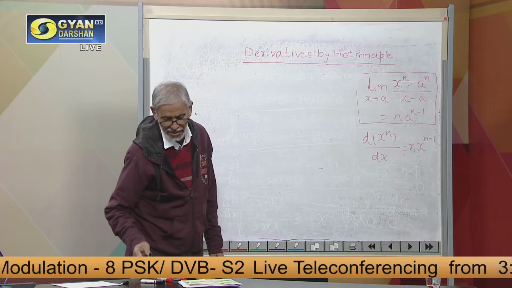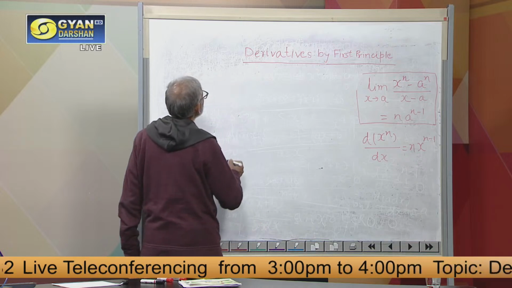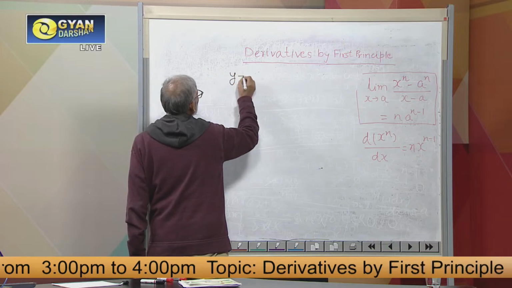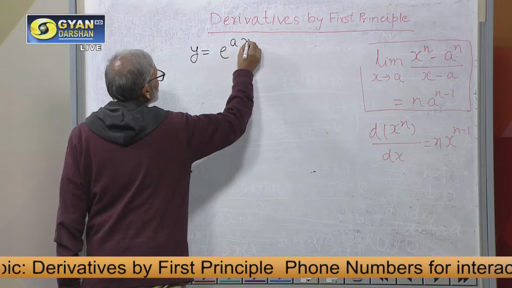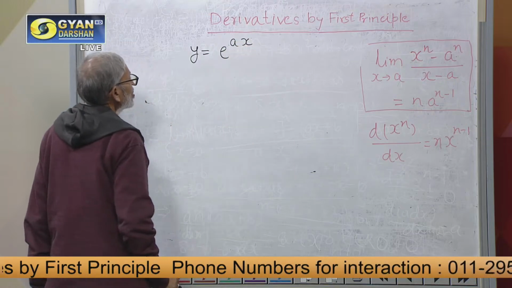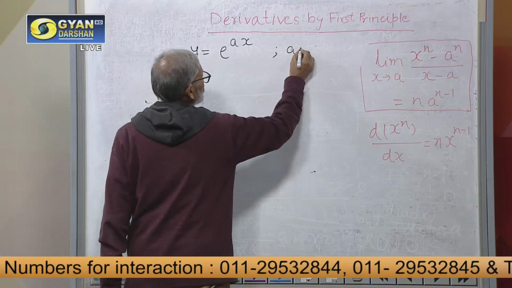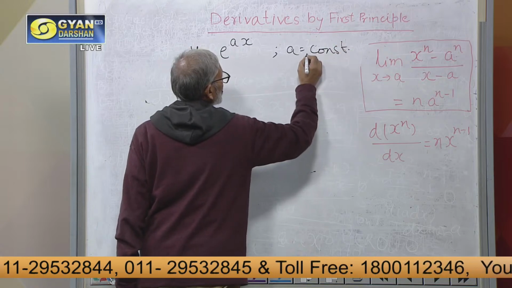Now, let us take an exponential function. y is equal to e to the power a x, where a is a real constant.